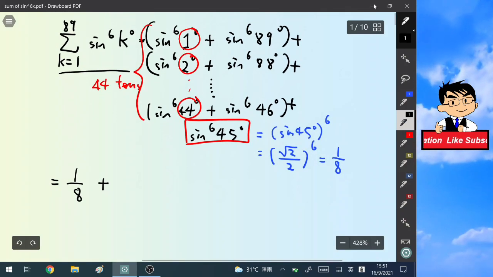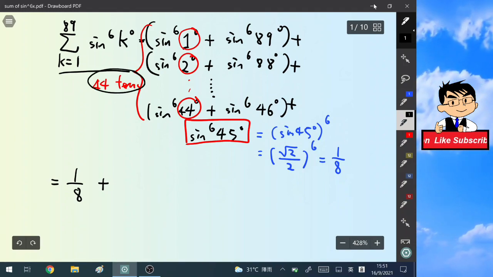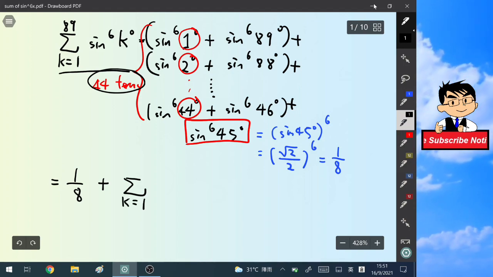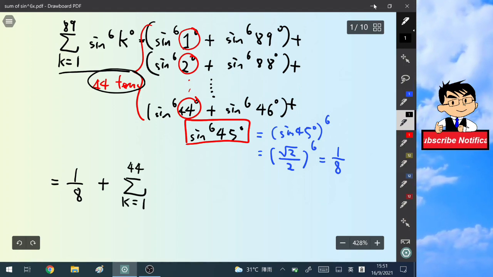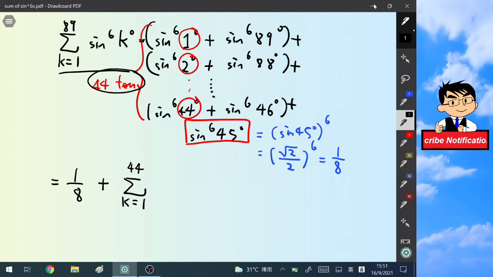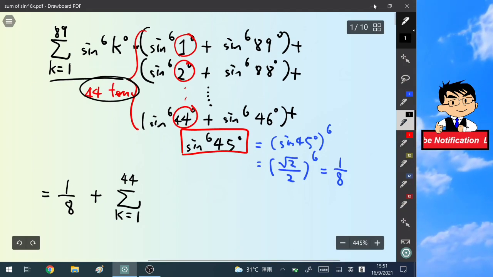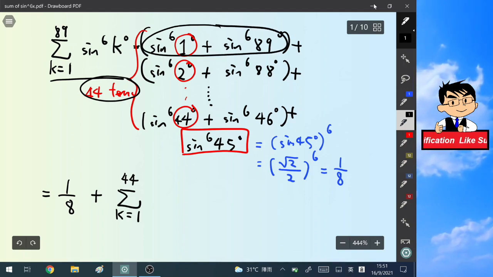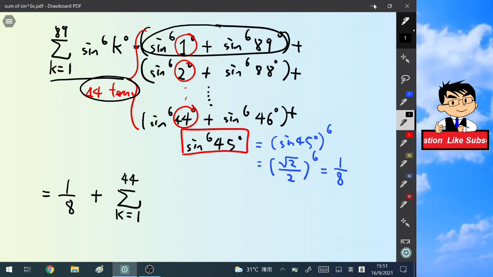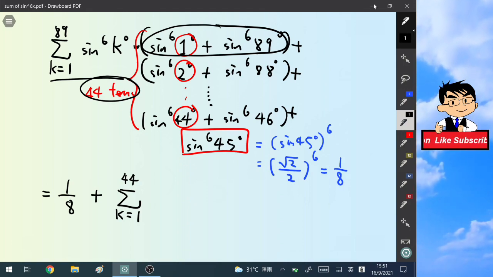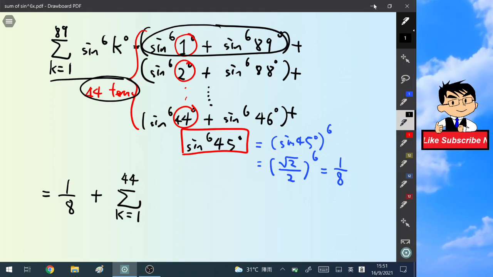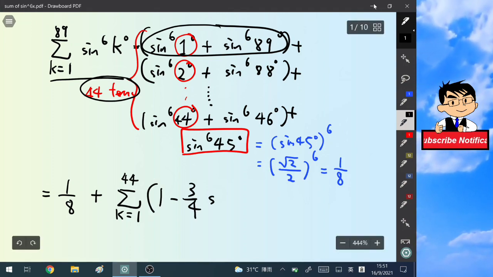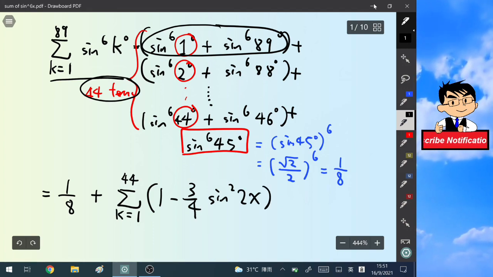Because we are summing the 44 terms here, so we are going to use the summation sign from k equals 1 to 44. And then because we simplify the sum of sine to the power of 6x plus sine to the power of 6 90 minus x before, so we can write it like bracket 1 minus 3 over 4 sine square 2x here.